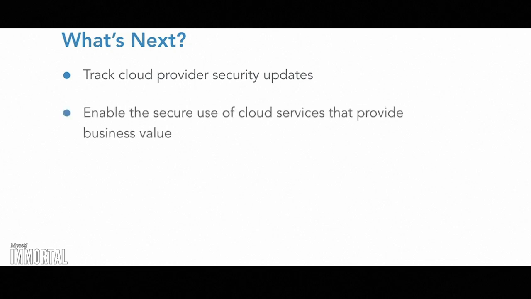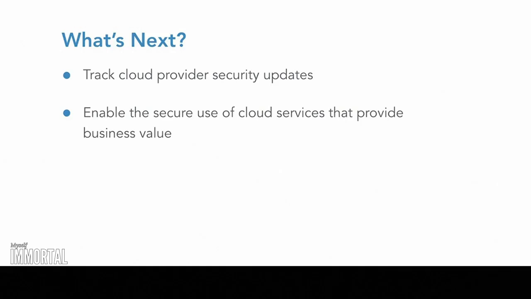You should then enable the secure use of cloud services that provide business value. So if your organization, for instance, needs to ingest large amounts of data to predict future trends in the financial sector, let's say, then you should look at the appropriate cloud services that can do that and make sure they are configured to do it in a secured manner.